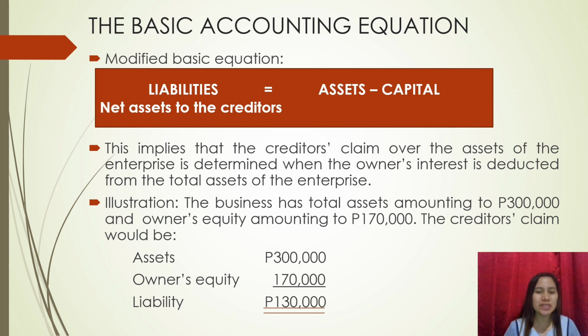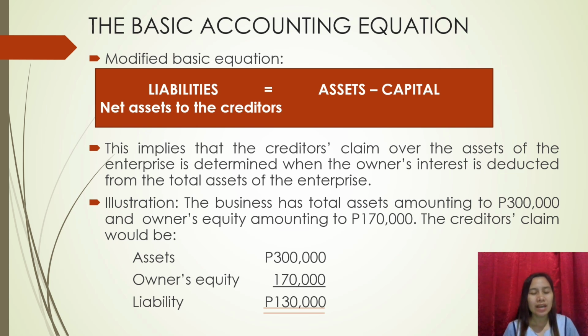So say, for example, the business has total assets amounting to 300,000 and owner's equity amounting to 170,000. The owner's equity amounting to 170,000 should be deducted first from the asset amounting to 300,000 in order to get the creditor's claim over the assets of the enterprise.